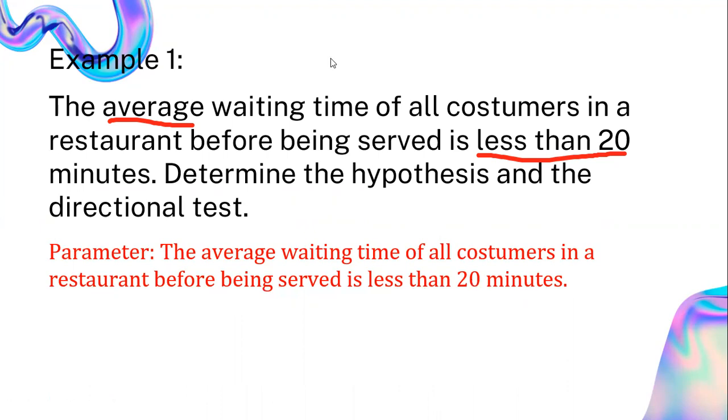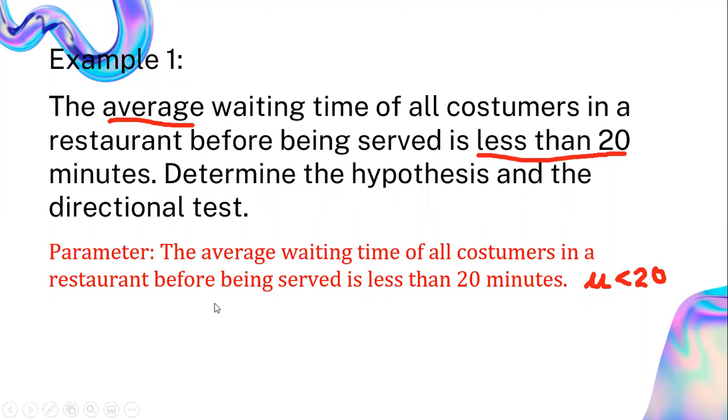In symbols, how are you going to write that? So we have the population mean is less than 20. That's the equivalent in symbols, which is of course step 3 actually.